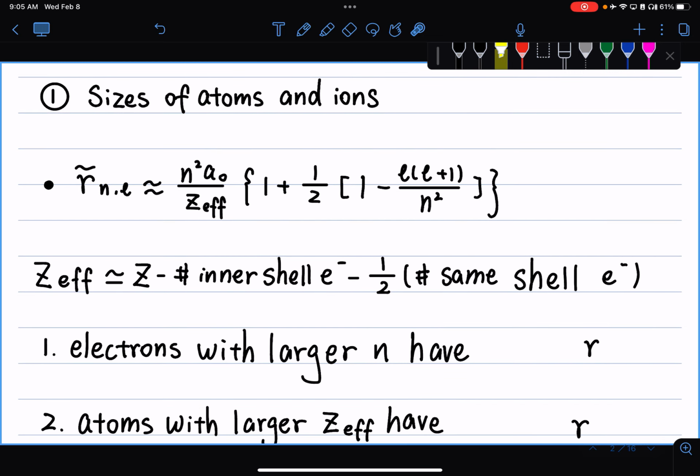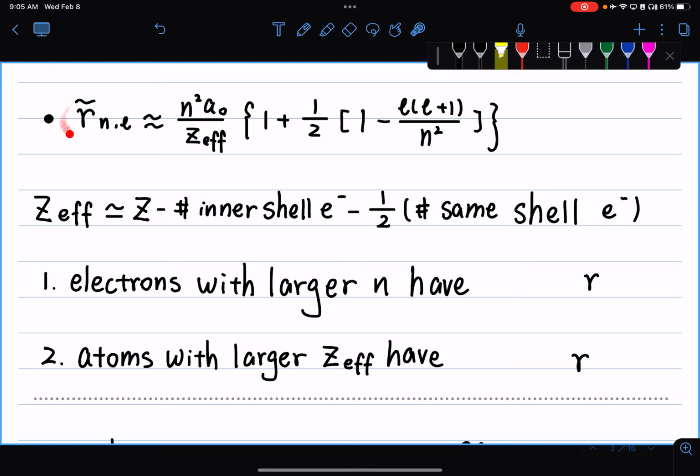The first and most obvious trend we're interested in is the size of atoms and also ions. We can use this equation, which is effectively the multi-electron version of the average atomic radii.